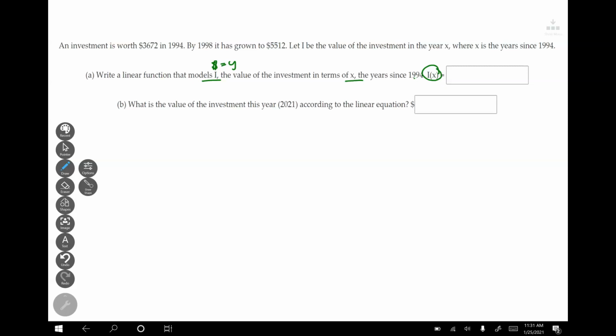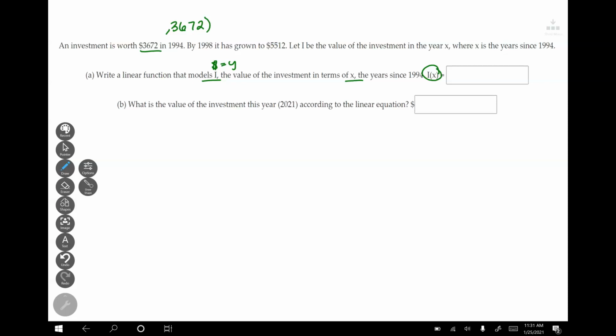So let's look at the information that they gave us in the word problem and see what 2 points they gave us. First they say we have an investment worth $3,672. That's going to be your Y value. And that was in the year 1994.